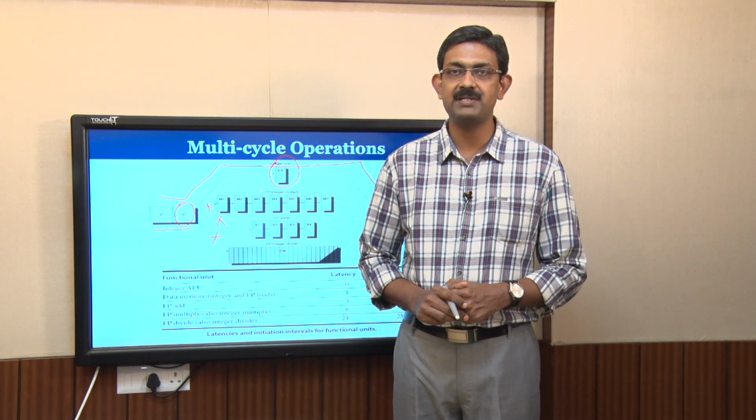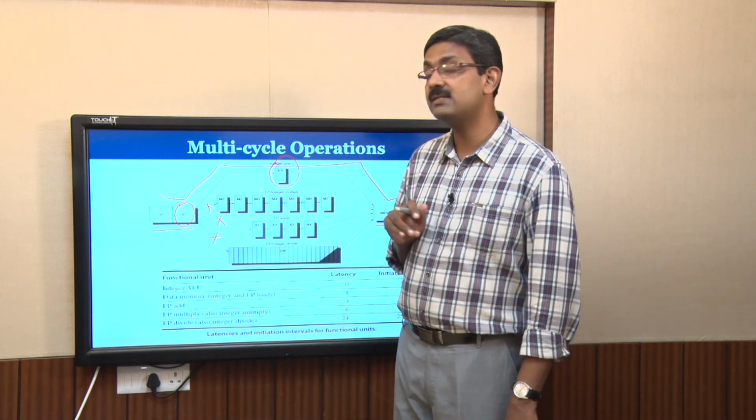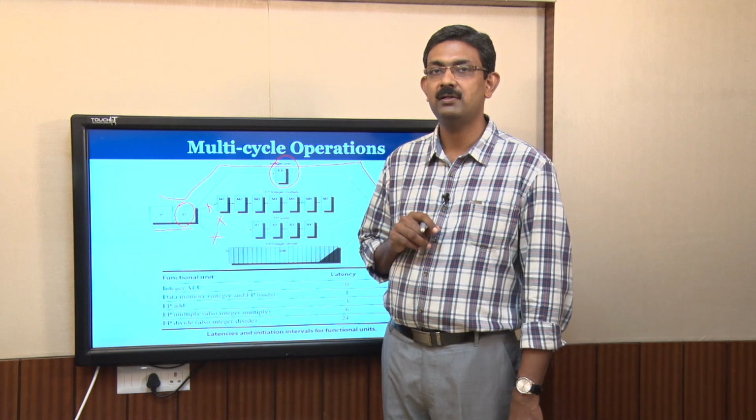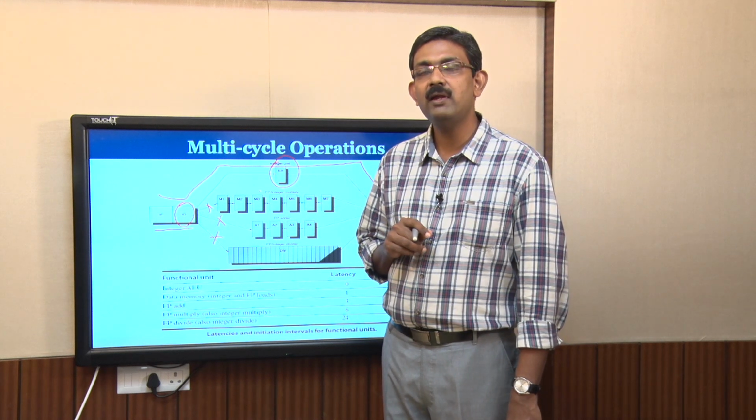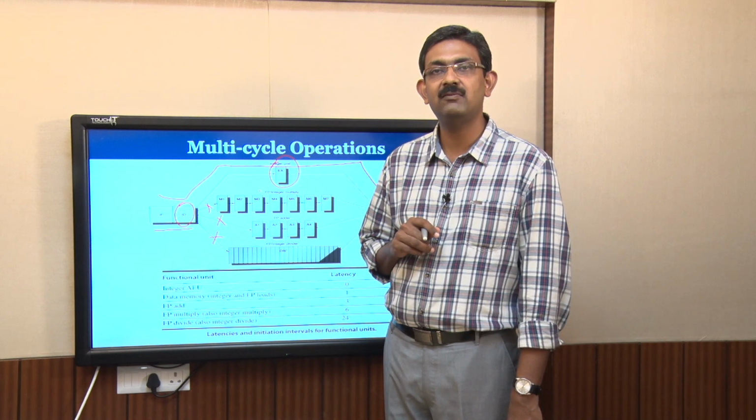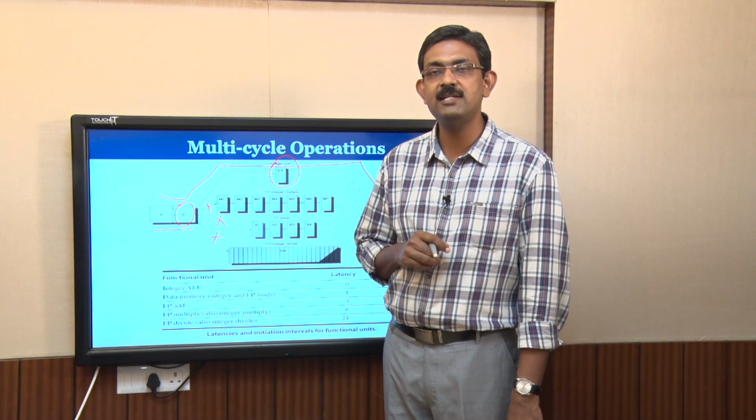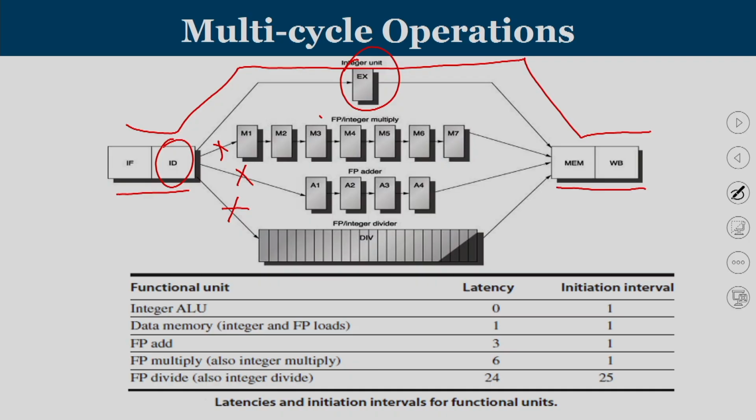Depending on the kind of operation, the appropriate EXE stage needs to be called. So, upon decoding, if it is an integer operation where you are going to add or subtract 2 integer registers, then it has to be carried out like this.